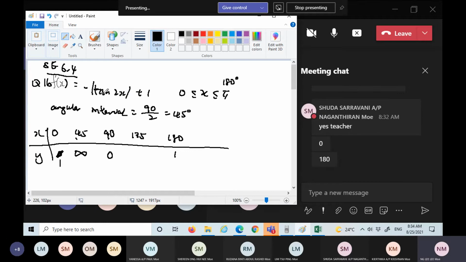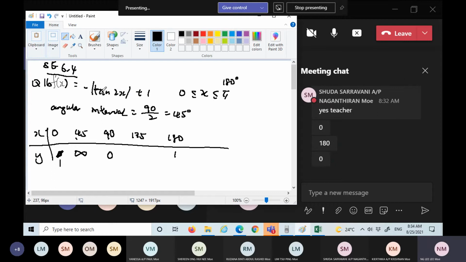So you press tangent 180. What do you get? Okay, 0. So modulus of 0 is still 0. Negative 0 is still 0. Okay, 0 plus 1. What do you get? Okay, 1. So this one is 1.